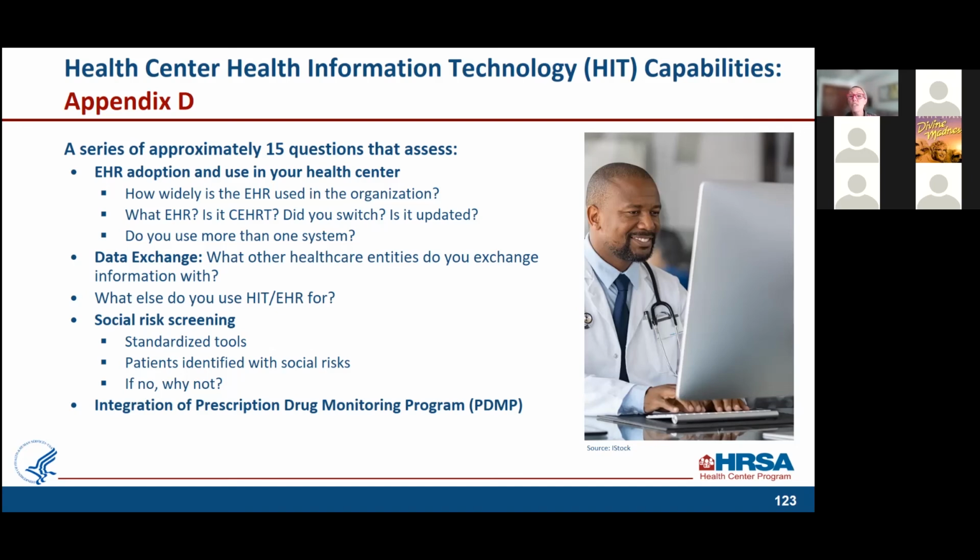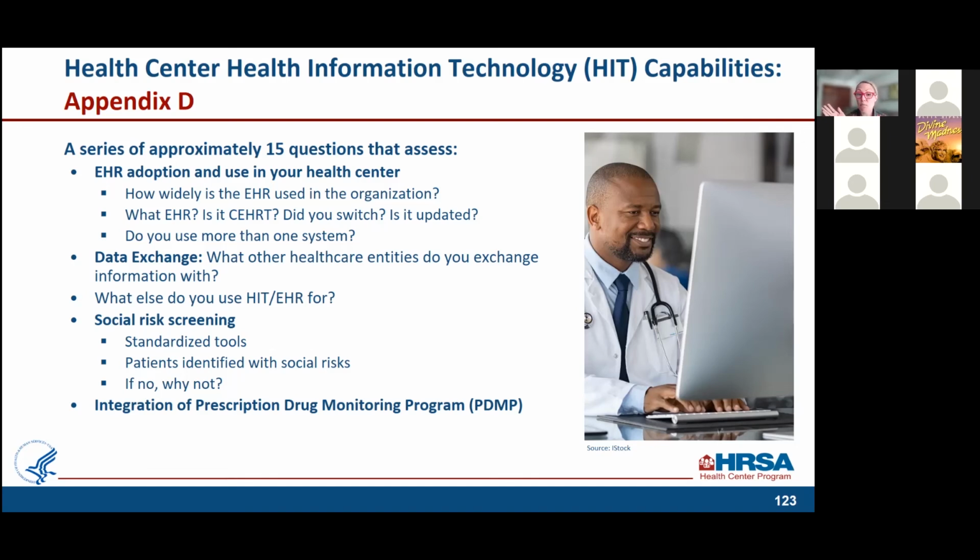If a health center is using a social risk screening tool of its own making, something that draws on several sources or a tool that's not listed as an option, then you'd select other and provide a description. Likewise, if you're implementing one of the tools listed in this form, you would fill that out.